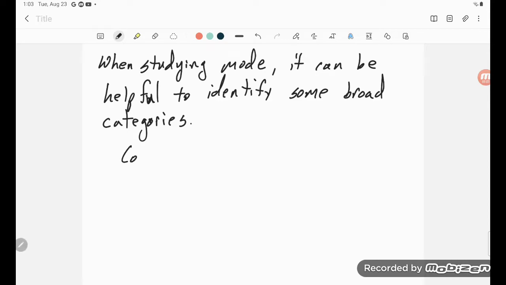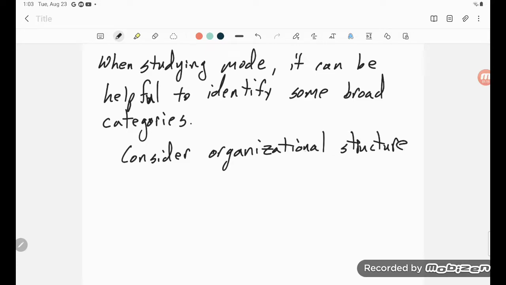So, let's consider the organizational structure of an animal, say. As you look at this, we can look at the hierarchy.